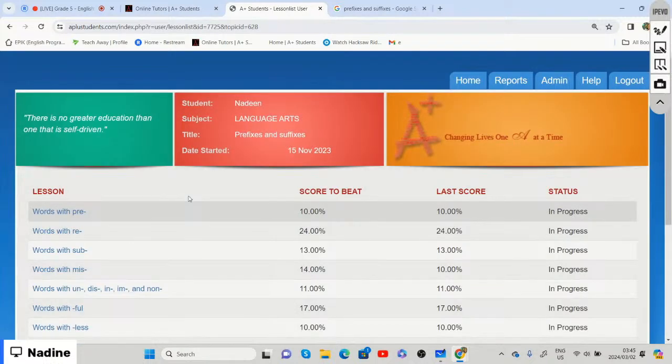All right. So that is now the end of our lesson on prefixes and suffixes. We said prefixes are what we add in front of our root word. A root word is a word that can stand on its own. Whatever we add at the back of the root word, we call a suffix.